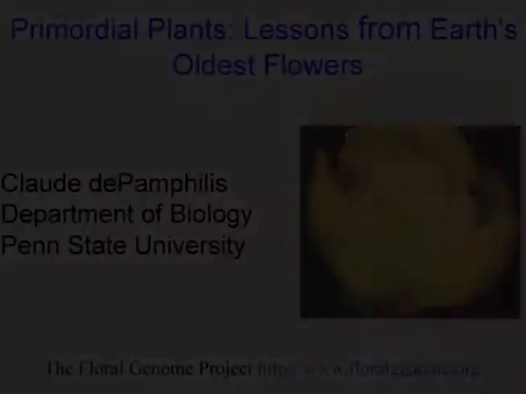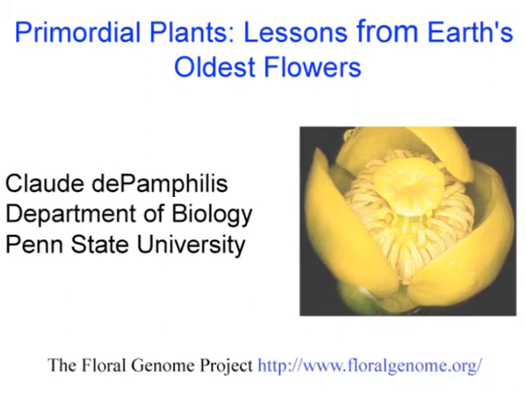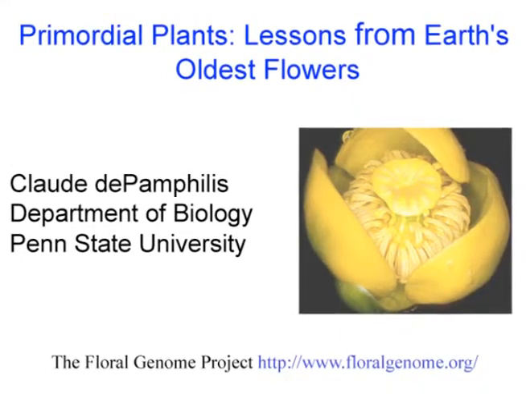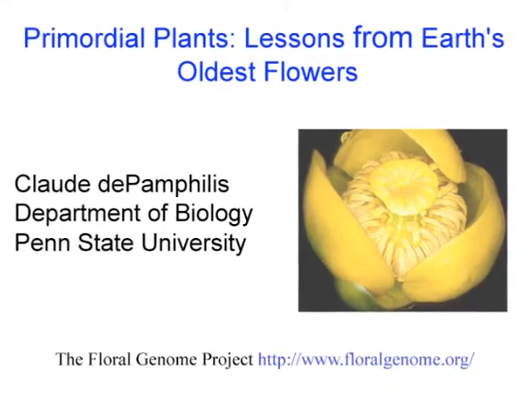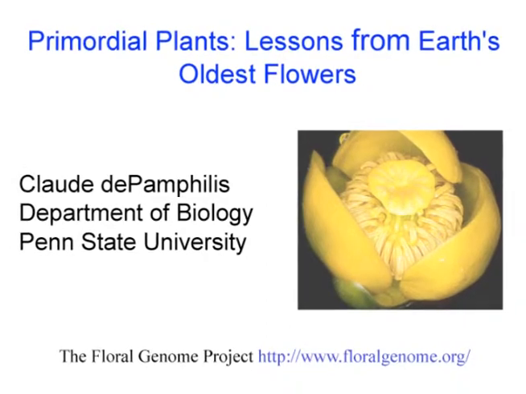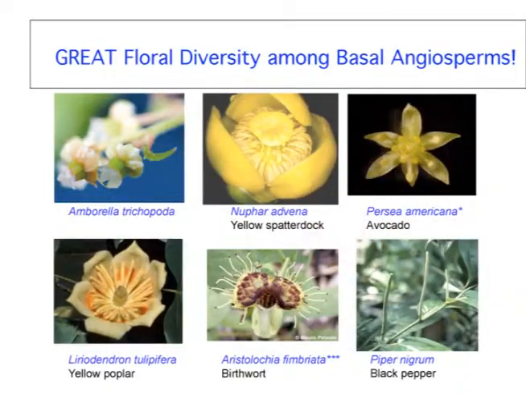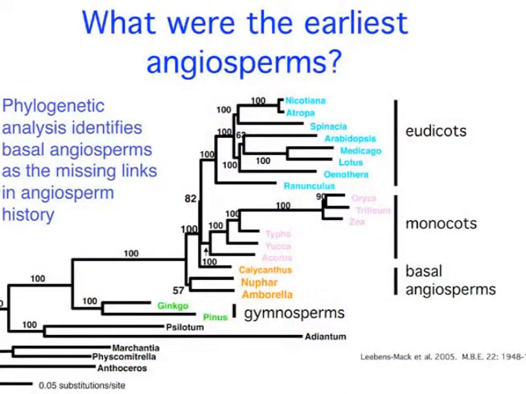The job that I set out to do today was talk to you about primordial plants, the earliest flowering plants, but also to get you involved in making some observations about some flowering plants and give you some skills that you can use to think about evolution, evolutionary biology, and how to build up a structure for understanding a lot about the diversity of life.